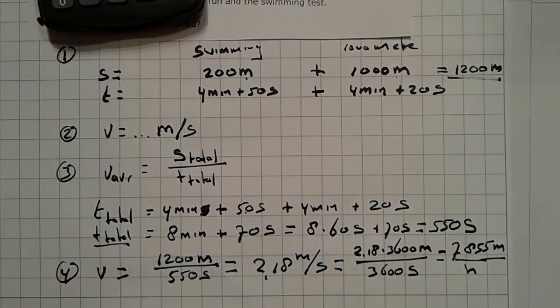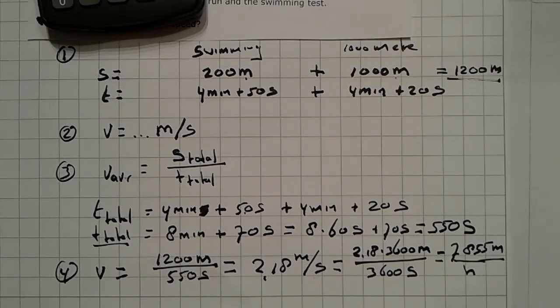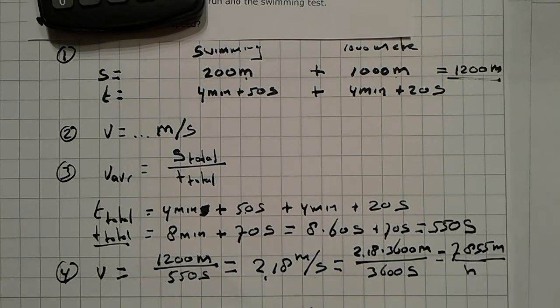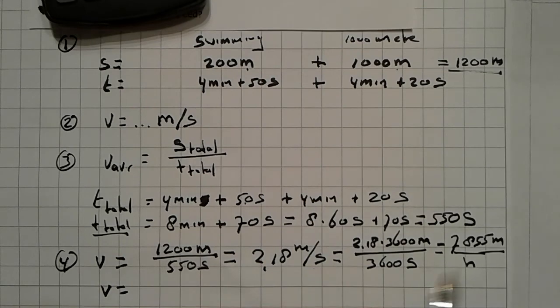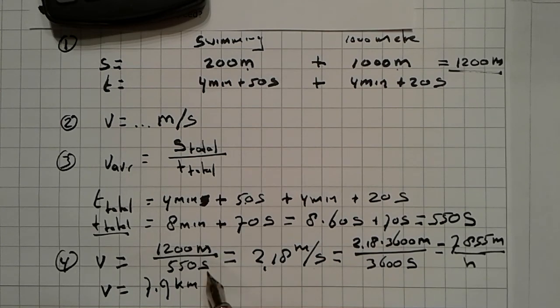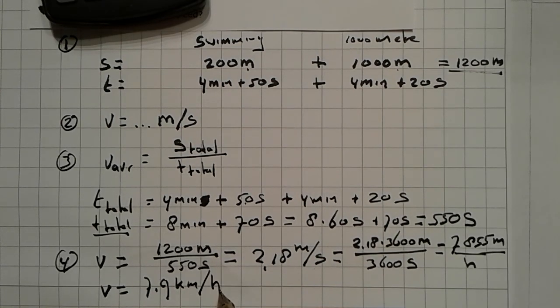That's strange. Now we have meters per hour, so we want to have it in kilometers per hour. Now a kilometer is 1,000 meters, so we have to divide this by 1,000, and then we'll have as an answer V equals 7.9 kilometers per hour.